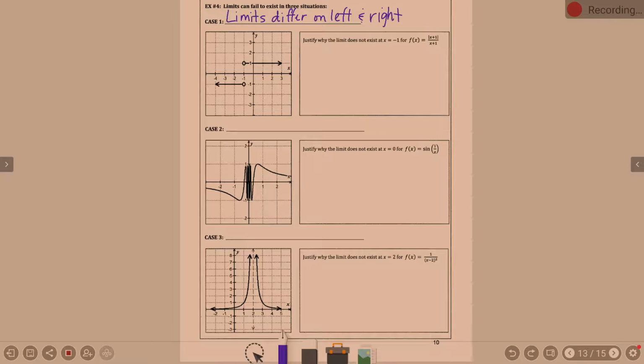Here's my justification if I want to be official. The limit as x approaches -1 from the left. What is that limit? What y value are we at? -1. Okay. Now let's look at the limit as x approaches -1 from the right.